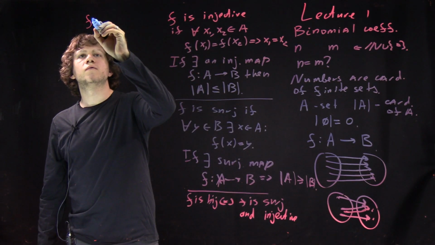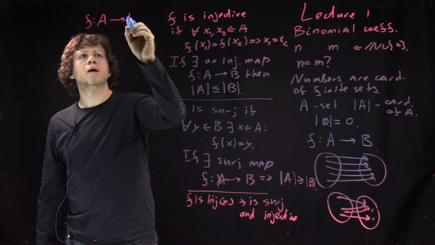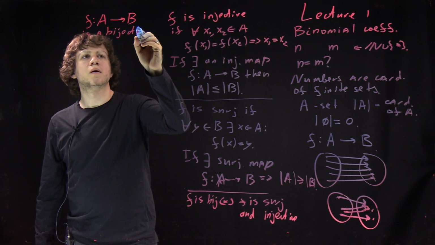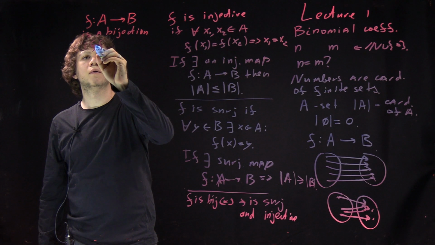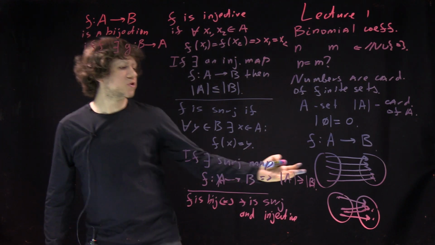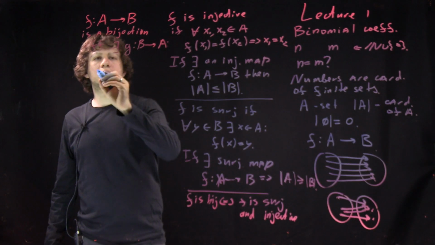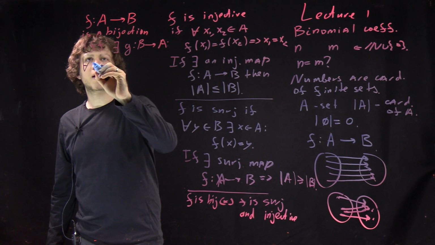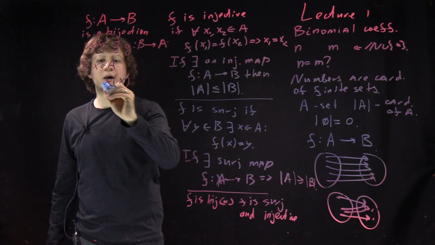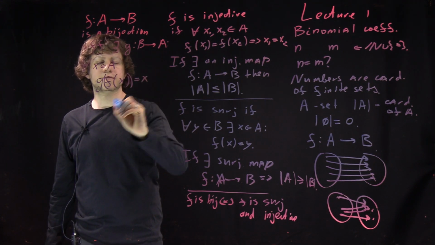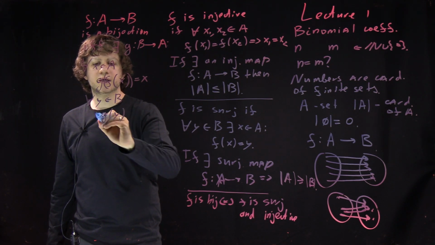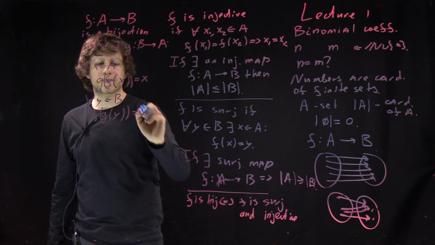So F from A to B is a bijection if and only if there exists G from B to A, which is called the inverse. So a map which goes backwards, such that for every X in A, if you first go by F and then go by G, you will go backwards. And for every Y in B, if you first go by G and then go by F, then you are back.